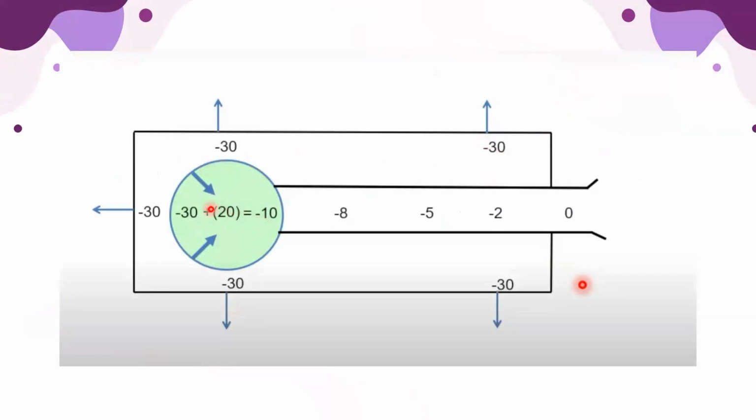Alveoli has always had a recoil force. Remember, when you have an elastic organ like the lung, yes, it can expand, but it will always try to come back to its original shape. The recoil force will always be there, which is what we see here. The plus 20 is the recoil force.